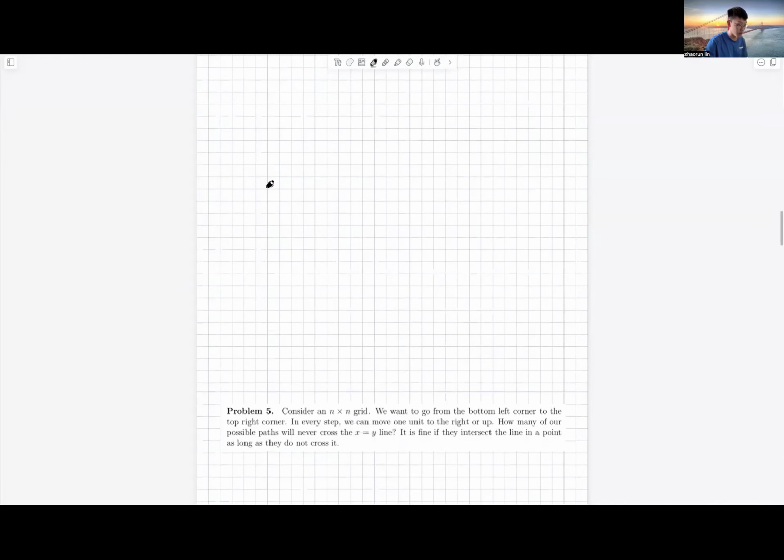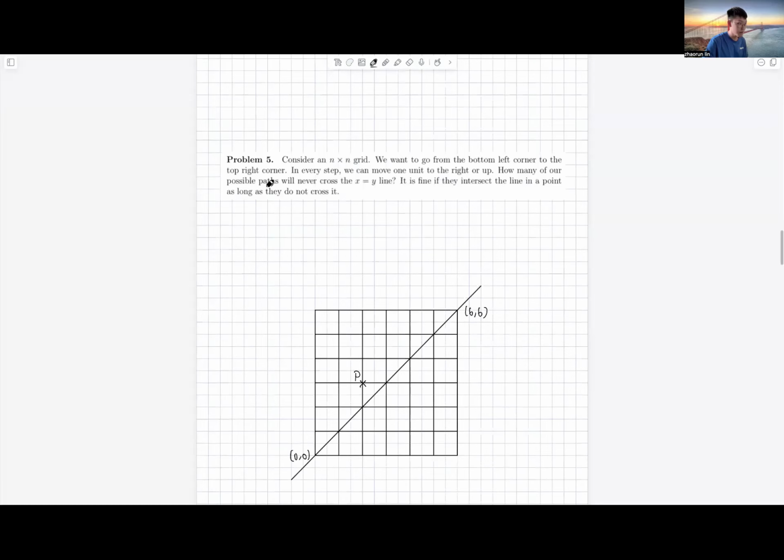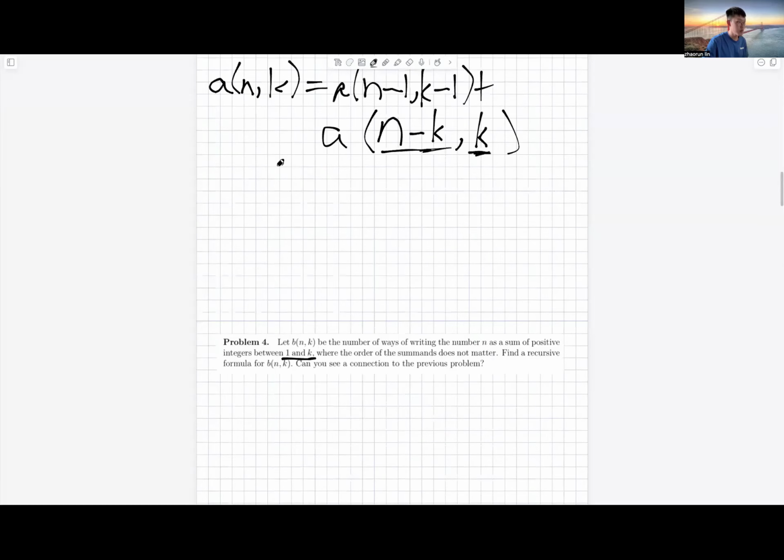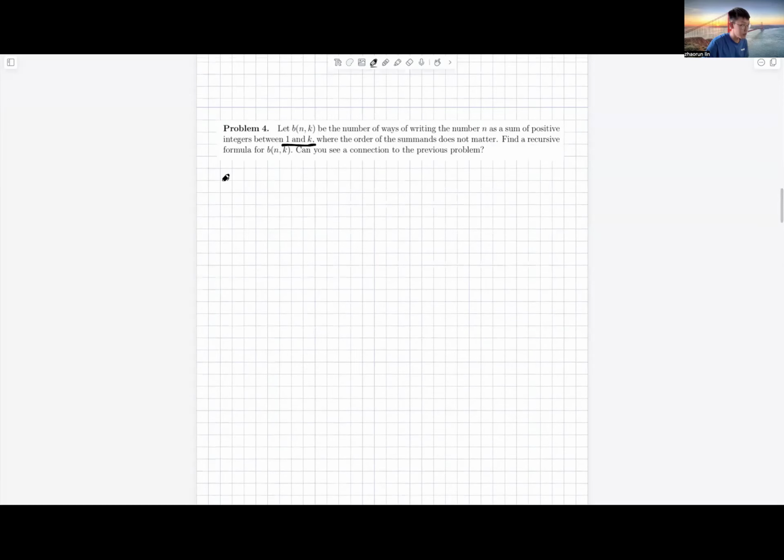So for this one, let us first consider k as the largest integer that we can take, right? k is the largest integer. So if we take k into our summand, then what is the sum that we have left?